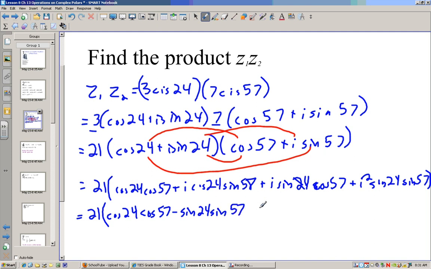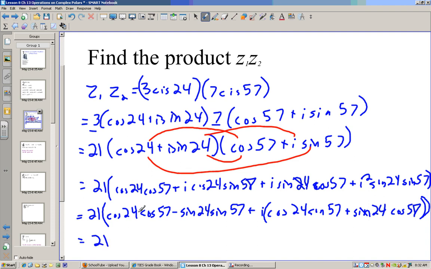And then I'll write the other two out as is. Actually, I can factor out an i on both of these: cosine 24 sine 57 plus sine 24 cosine 57. Now I need another set of parentheses for that one.